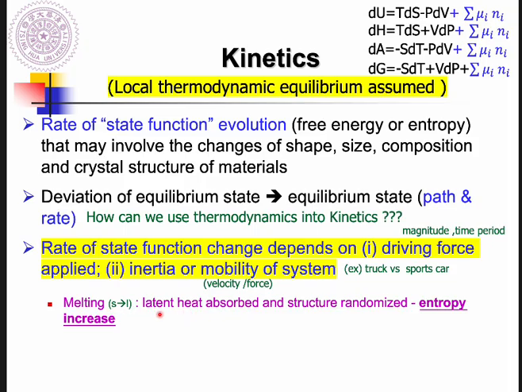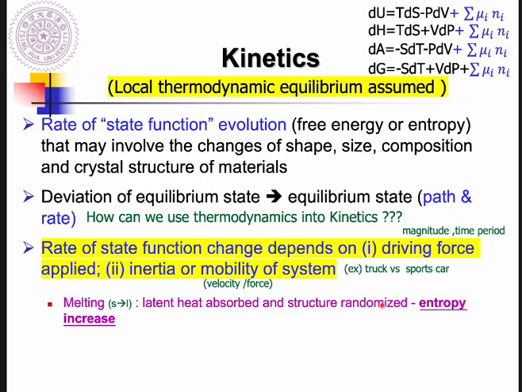What happens inside is that latent heat is absorbed and the structure becomes randomized, so the entropy of the whole system increases during this melting process. So I'm curious, do you have any idea in this melting process which is the driving force and which is the inertia or mobility of the system? Any idea here?